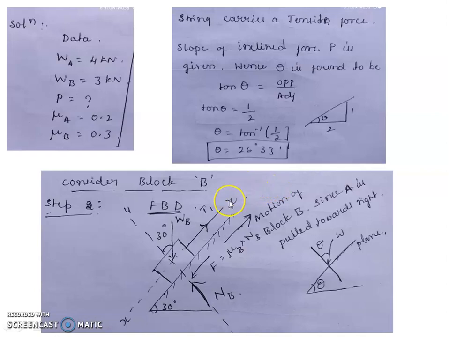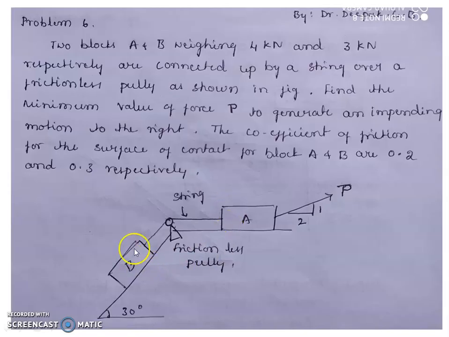Now, which block do I have to consider first? This is the main thing, very important. Two blocks are there. Let me see what happens if I consider block A first. I try to resolve all the forces along x direction.